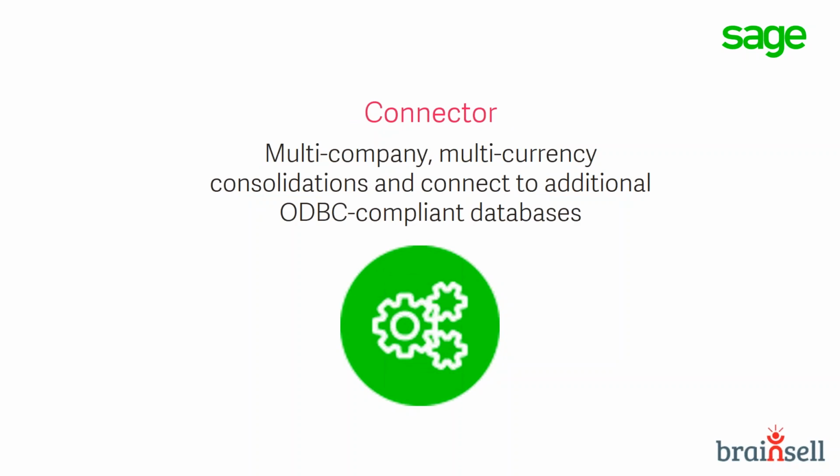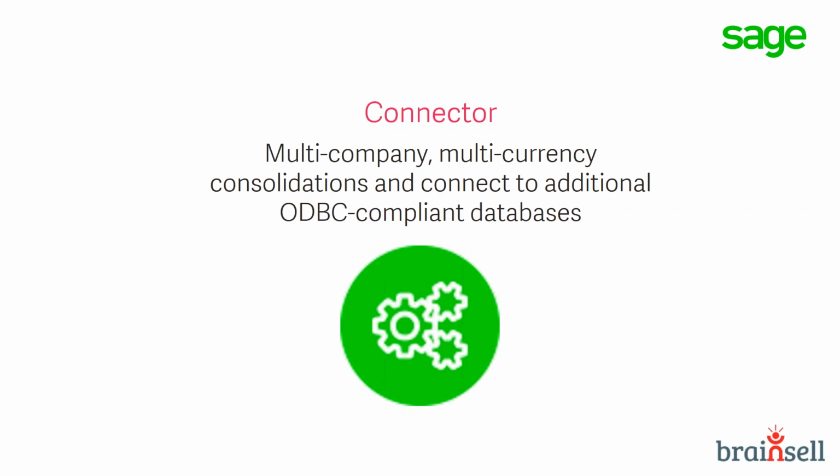Okay, this next module is called the connector, and it enables you to first of all, use multi-company consolidation reports. So for example, if you have your financials and you want to see a side-by-side comparison of your financials, maybe your actual versus prior and a variance by company, you would need a connector to make those consolidated views, to look at the consolidated views.